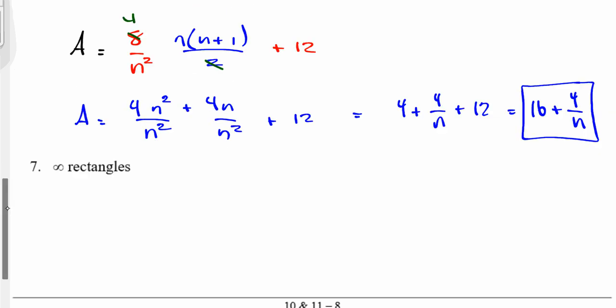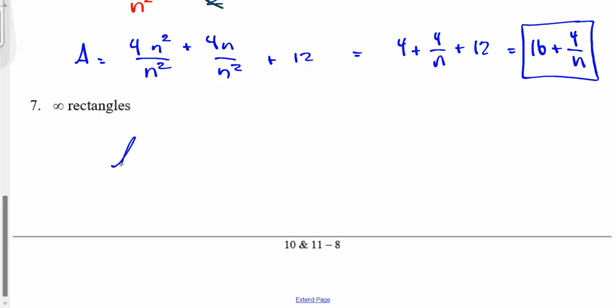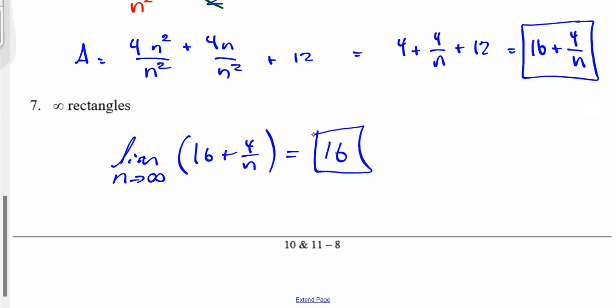Infinite rectangles. We get the limit as n approaches infinity of 16 plus 4 over n, which is 16. We get the exact area.